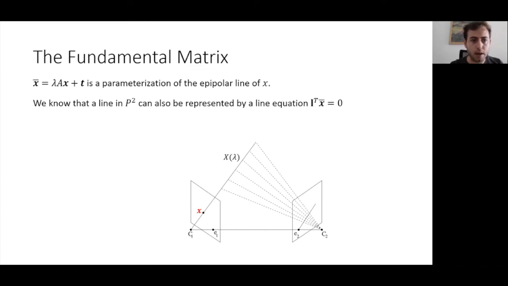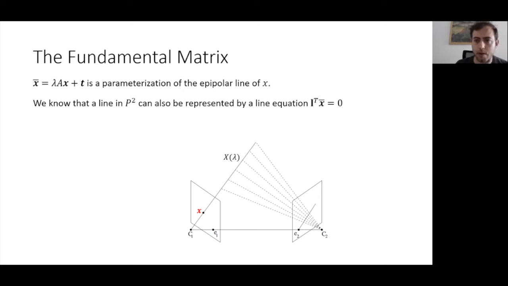Okay, so we have a parameterization for x bar as a function of lambda, which is the depth of the point with respect to camera 1. But we know that in P2 we can represent lines using the line equation, right? L transpose x bar equals 0.